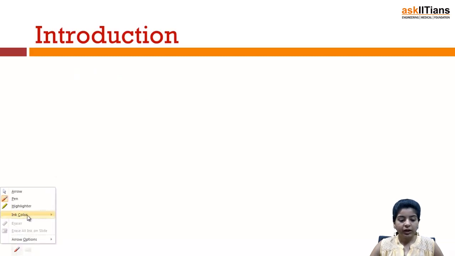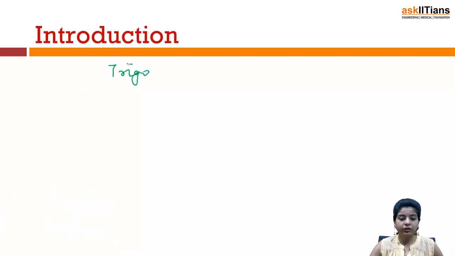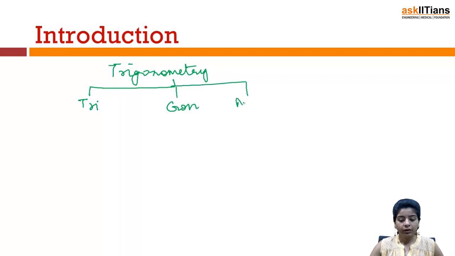Trigonometry can basically be thought of as consisting of 3 words, or I can split this word trigonometry into 3 words: trigon, and then metron, right? So tri basically means 3, all of you must know, and then gon means sides, and metron means measure.